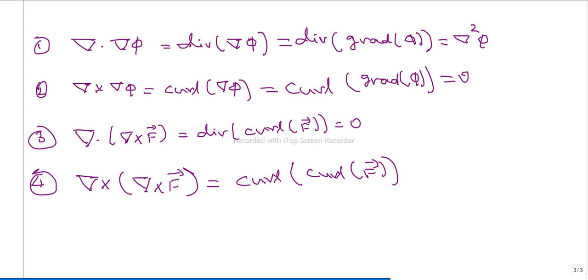It should be del of del dot f, minus del square f, where f is a vector point function. So these are all important things. You can easily prove it, just by applying the definition, you get the answer.